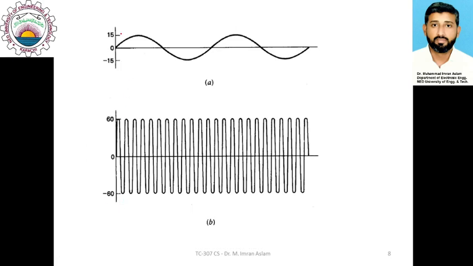So this is the modulating signal, the audio signal with an amplitude of 15 volts. Whereas the carrier is a high frequency sinusoid with an amplitude of 60 volts, again represented by a sinusoidal function.